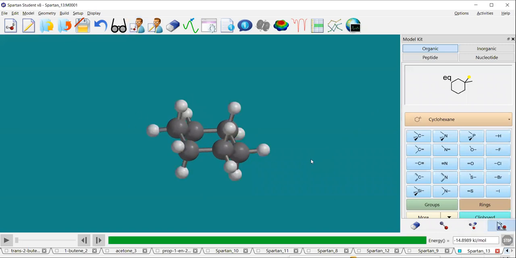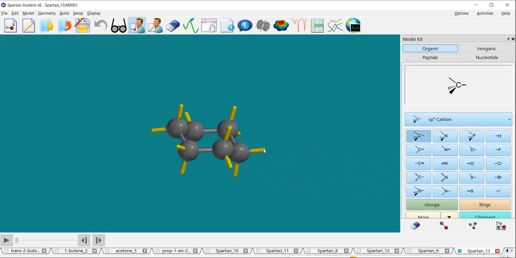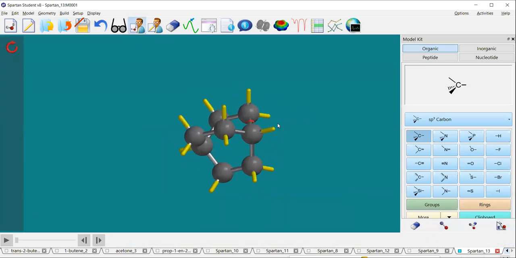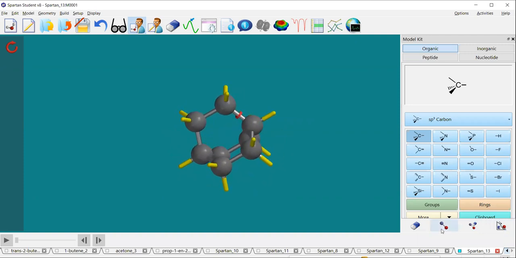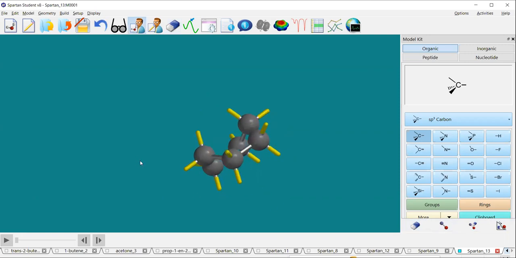I will minimize this molecule, and then I will add 2 sp3 hybridized carbons to the 4 carbon, and then I will connect this one with the first one. And then I will minimize it, and I will find a boat, and I will delete unneeded carbons. This and this. Perfect. This is my boat.